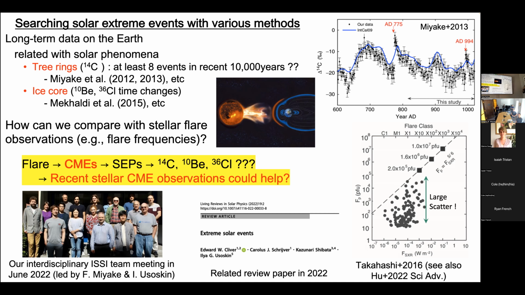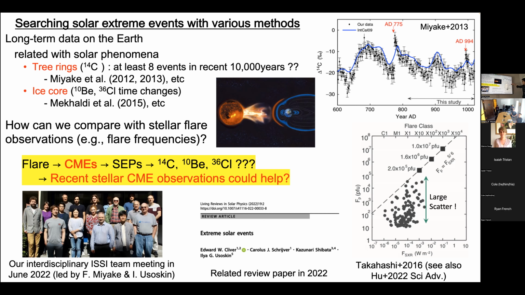But the problem from our side, we have a flare observation, but no particle observation on the star because it's very difficult. But flares and particles still have a large scatter, even in the case of solar flares. So this is flare energy in a flare graph, flare size versus particle strength measured on the Earth, recent Earth. And possibly such carbon-14 events are located around here, but it's difficult.